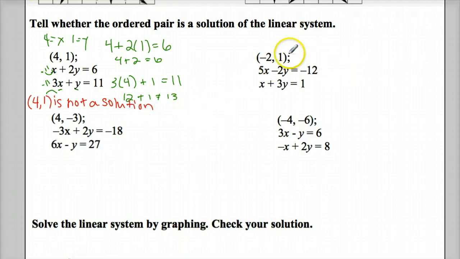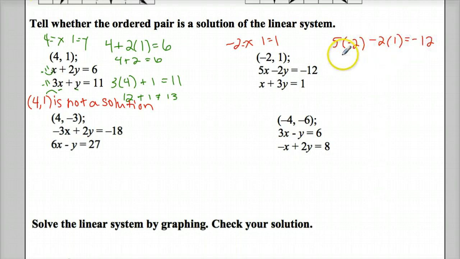All right, let's try this one here, negative 2 comma 1. So again, negative 2 equals x, and what equals y? 1 again. All right, so 5 times negative 2 minus 2 times 1, does that equal negative 12? 5 times negative 2 is negative 10, minus 2 equals negative 12. Yes, it does. So we are happy that one works. Now, let's try the second one.